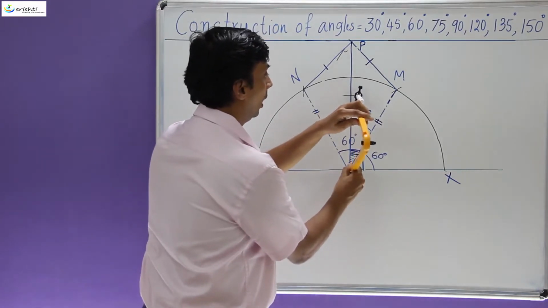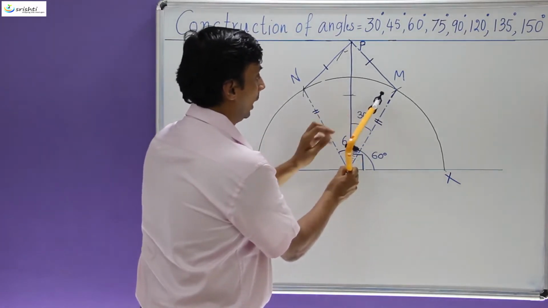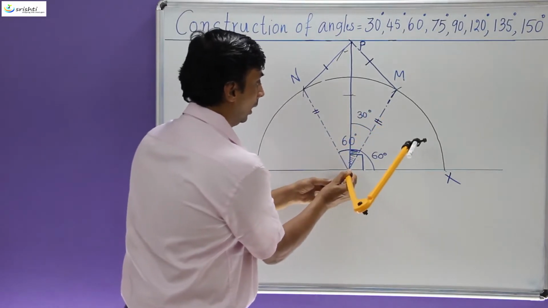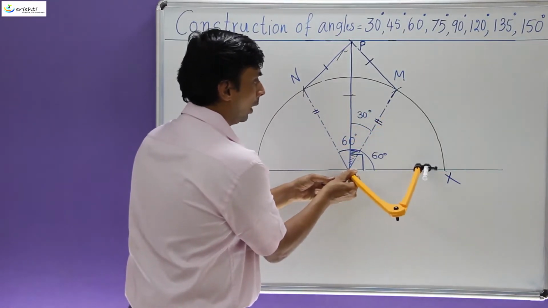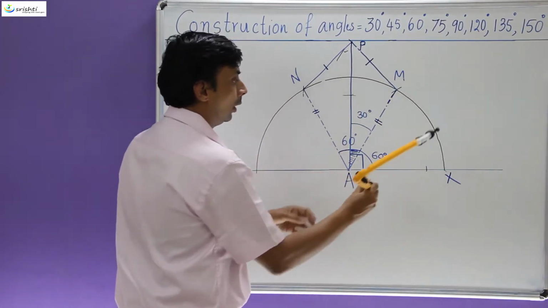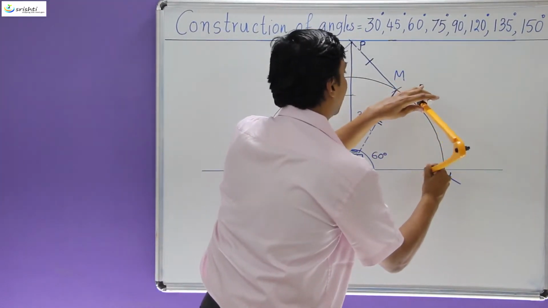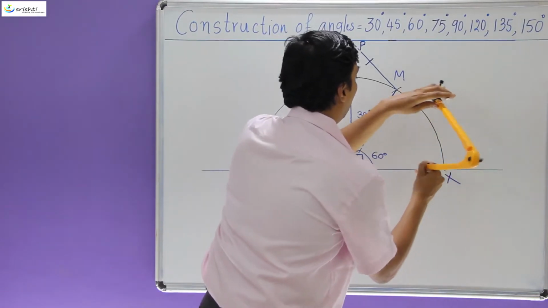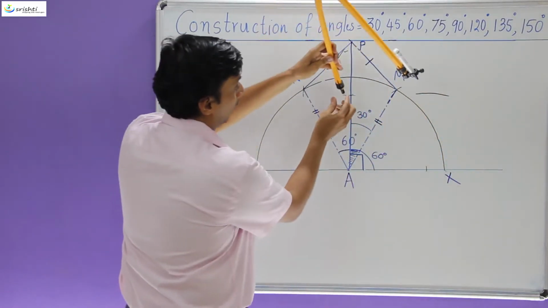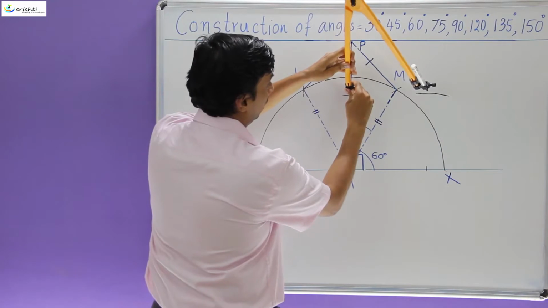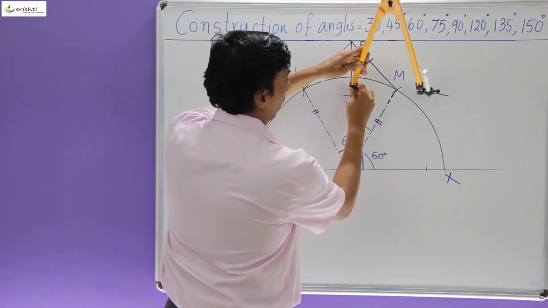First draw two arcs. One arc should intersect AP and the other arc should intersect AX. From the point where it intersected, with the same measurement draw an arc, and from this particular point draw an arc with the same rounder measurement.